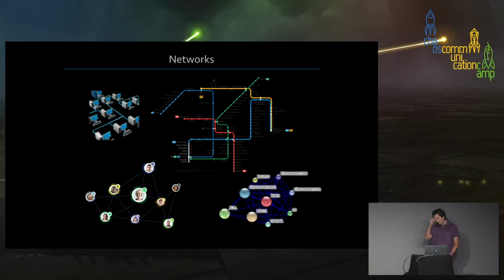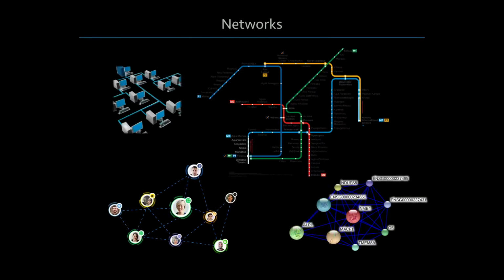So networks, in the most general sense, represent connections between entities. Those entities can be people, related by friendship or by professional relationship, or computer networks, as many of you probably are familiar with, or transportation networks, connecting stations in a city, or even biological networks, where the things connected could be proteins or genes with some kind of similarity.